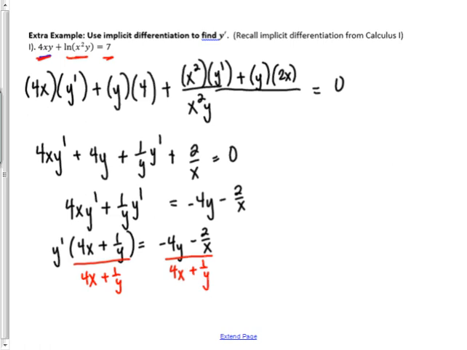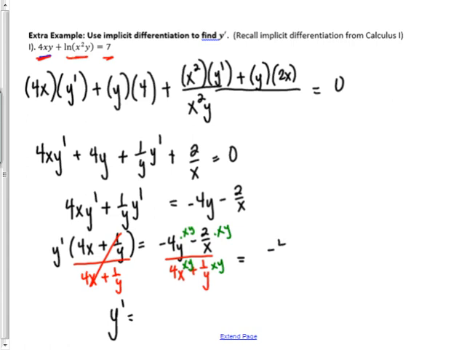All right, now this is an improper fraction, and we don't want that. So, not an improper fraction, sorry. It's a complex fraction, so we want to get rid of that. So the little bitty denominators that we have are x and y. So I'm going to multiply everybody by an x and a y to get rid of the complex fraction. All right, so when I do that, let's see what I get.